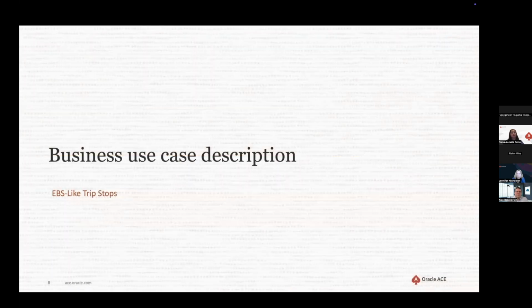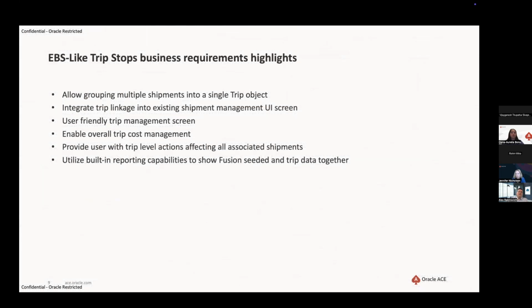Now I will explain the highlights of the business case that we received when we started this project. As I said, the customer is emerging from a very mature and customized EBS implementation, with many quality collection plans, custom tables, a lot of PL/SQL, many framework screens, very heavily customized.